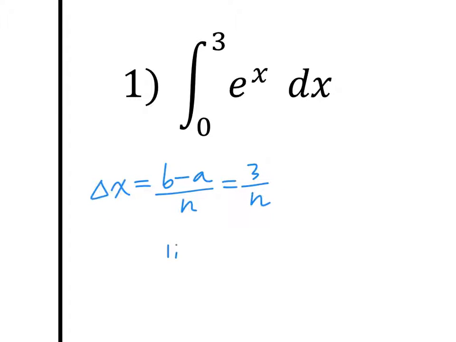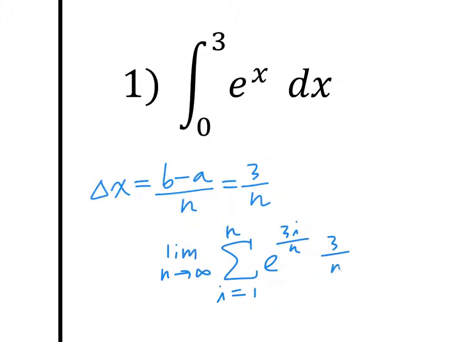All right, so the limit as n goes to infinity of the sum of i equals 1 to n. And then what goes inside the sum? e to the 3i over n. Times 3.